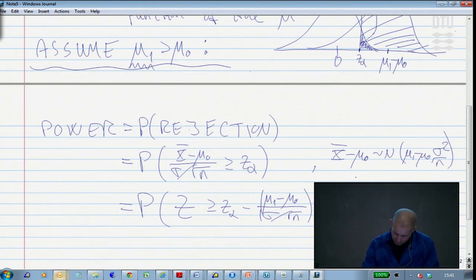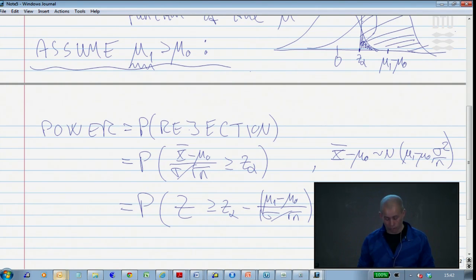This is the mean of this distribution, right? Because it's the mean here, and then we divide by the standard deviation. So this is the power. I just rephrased the power on the standardized scale.